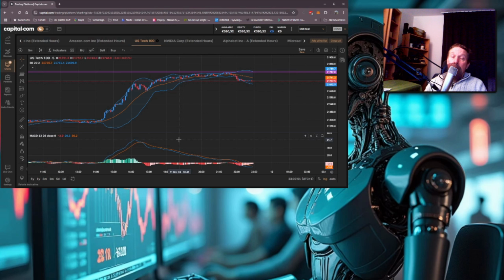So let's hope that I get a response from Capital.com, or that I can find something on the internet, because ChatGPT told me I can calculate the MACD on my own and gave me nice formulas, but I know those.